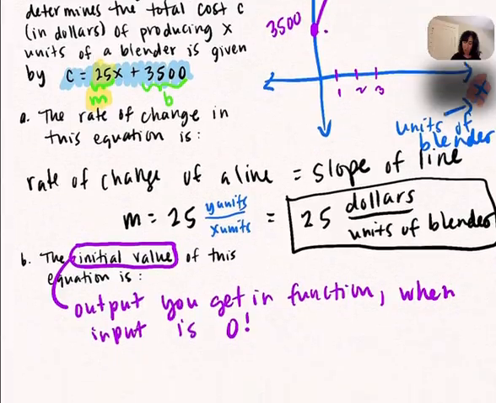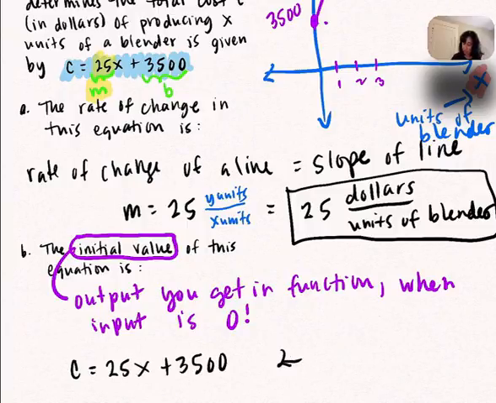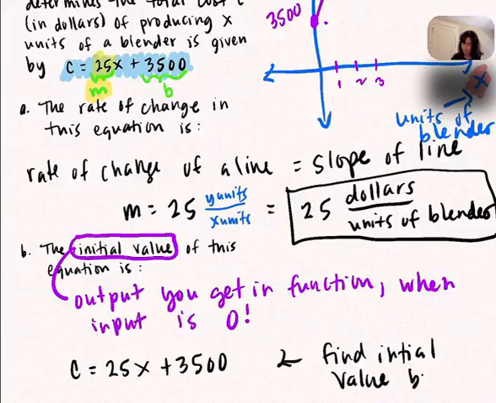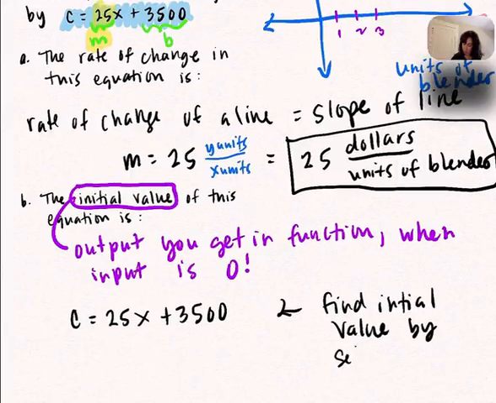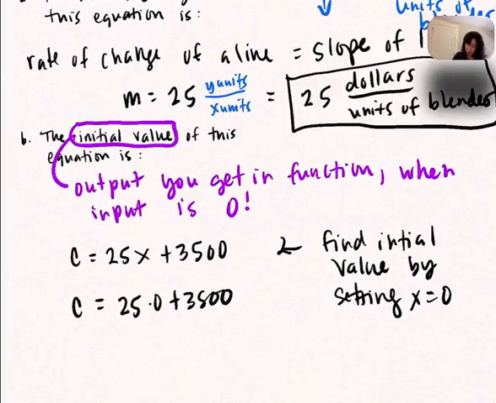So if we take our equation, which is C equals 25x plus 3,500, we can find the initial value by plugging in x equals 0. In other words, C is equal to 25 times 0 plus 3,500, or 3,500. And then we just need to use units.